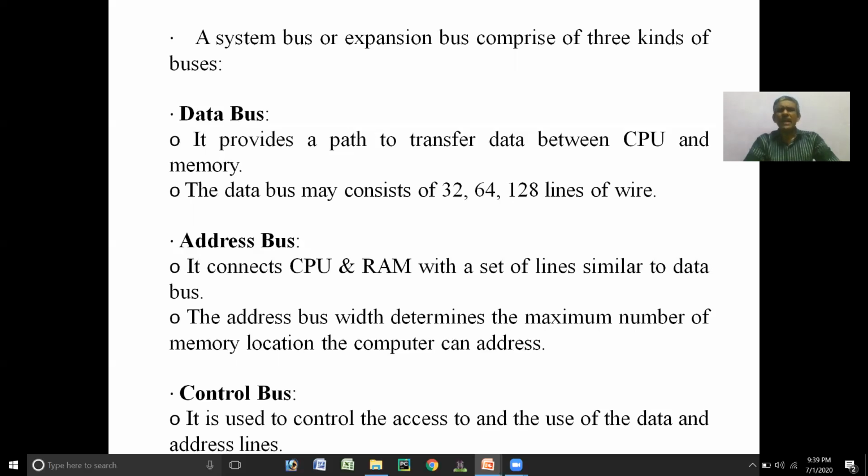It means normally the address bus carries the address of the data. Then third one, control bus. The control bus is used to control the access to and the use of the data and address lines. Means the control bus controls the access and the use of data and address lines.